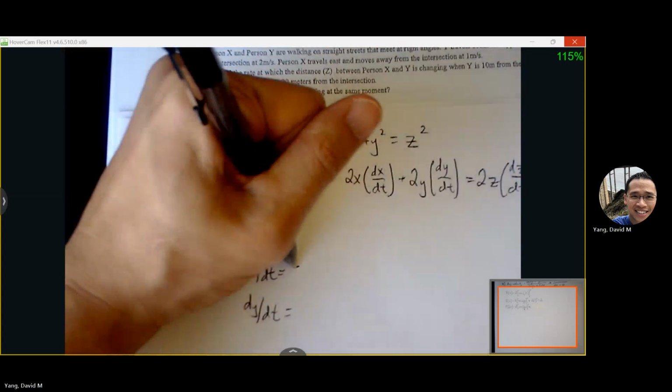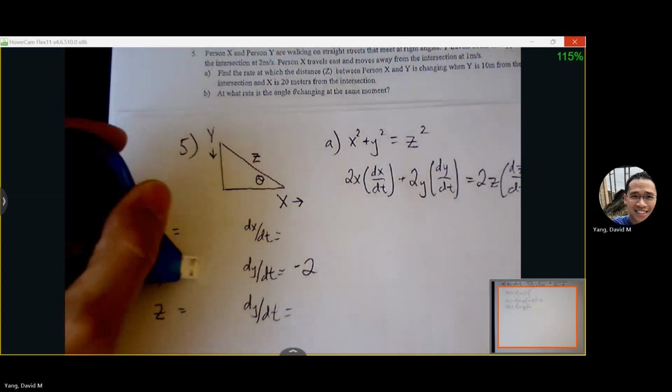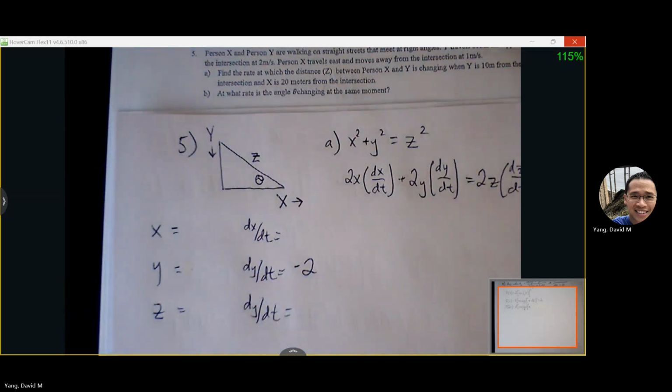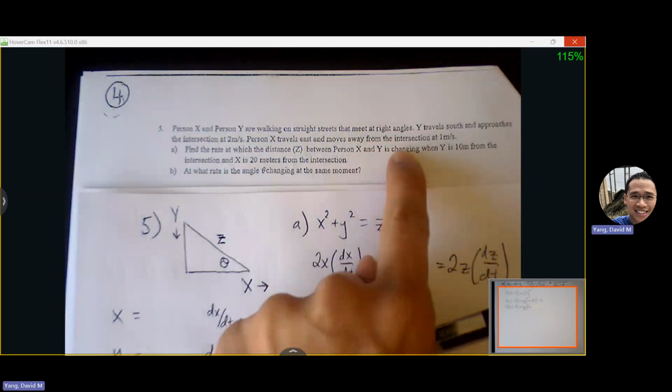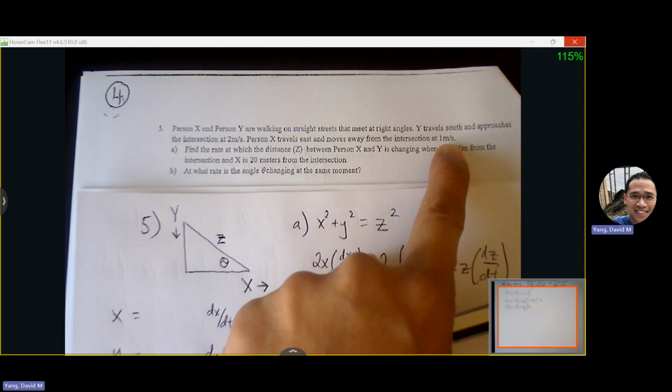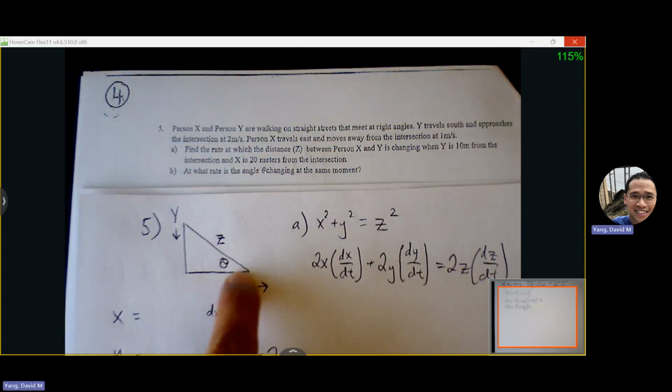So person X is traveling east, moves away from the intersection at 1 meters per second. Not because he's moving right, but because this distance is increasing over time, you want that rate to be positive.